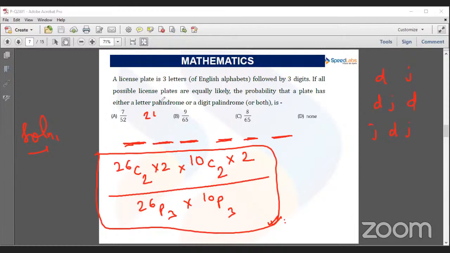Okay. So it needs either a letter palindrome or a digit palindrome or both. So there will be a slight change here.